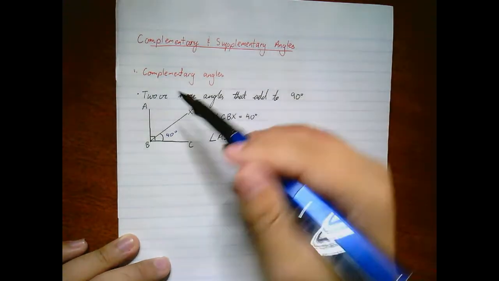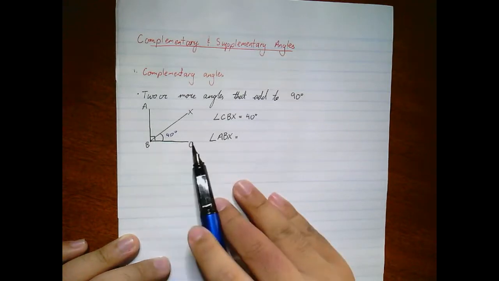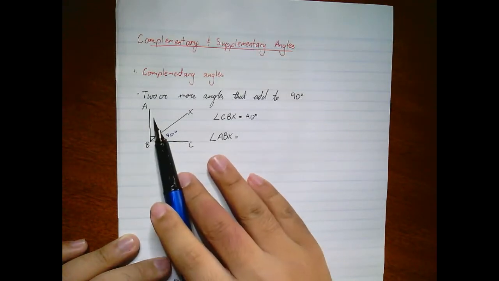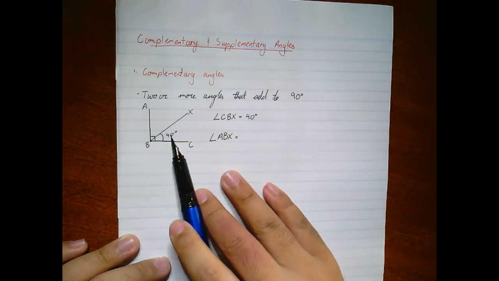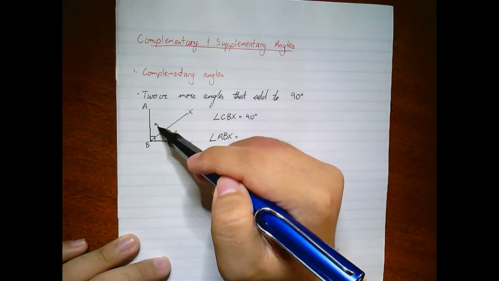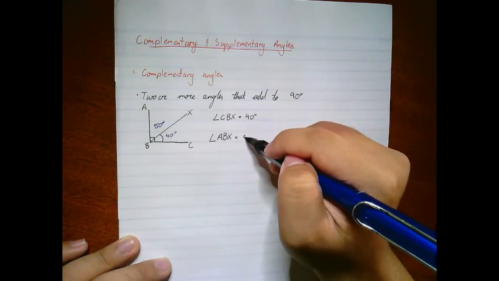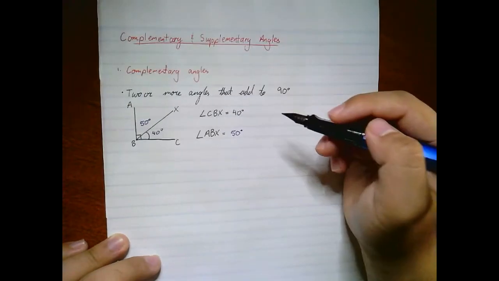Well, since we know that ABC is 90 degrees, these two angles must add up to 90. So if that's 40, this must be 50 degrees. So angle ABX is 50 degrees.